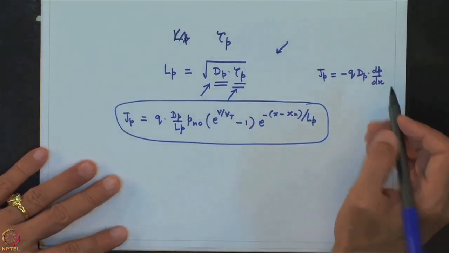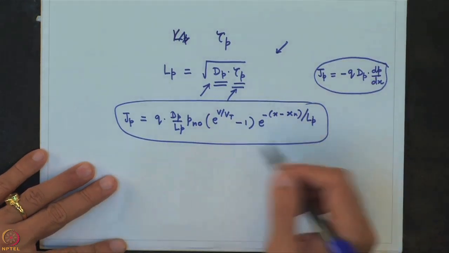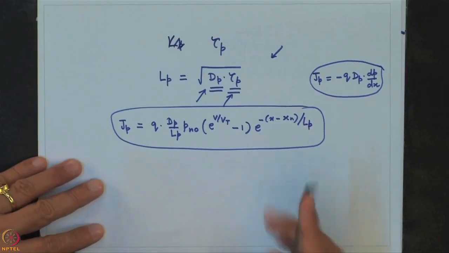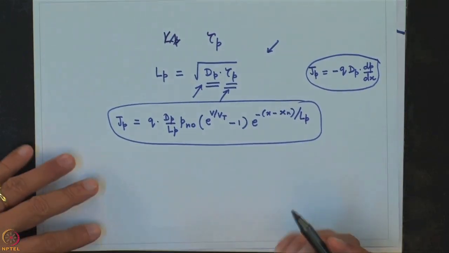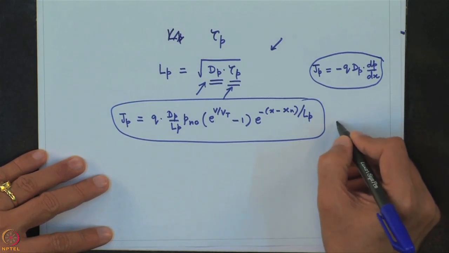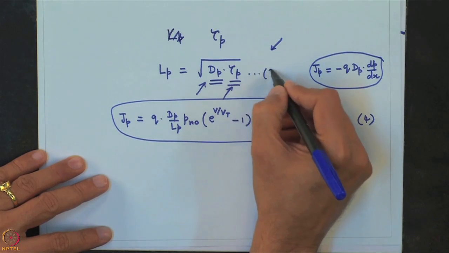When we differentiate expression 2 and use it in the diffusion current equation, we get this expression. Let us call this expression 4, and this one expression 3.